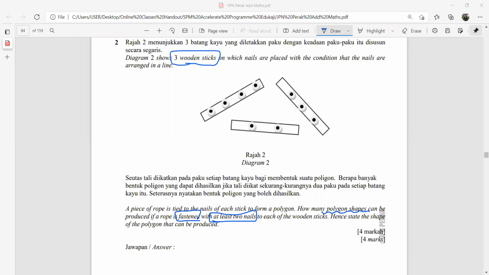You know, some questions you really have to force yourself to think. Read the question and interpret correctly.